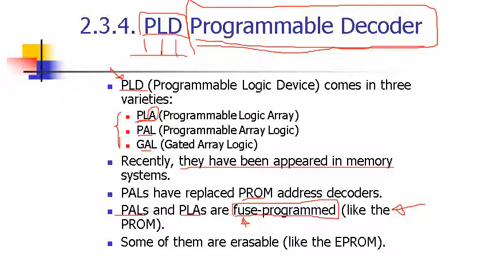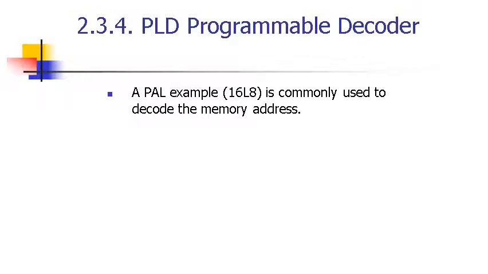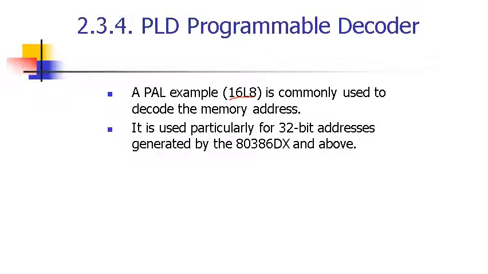And there are some of these PLAs where you can erase the program and reprogram it like the EEPROM. Okay, the most famous PLD used is the 16L8. This is commonly used in interfacing memory with processors or in decoding addresses.